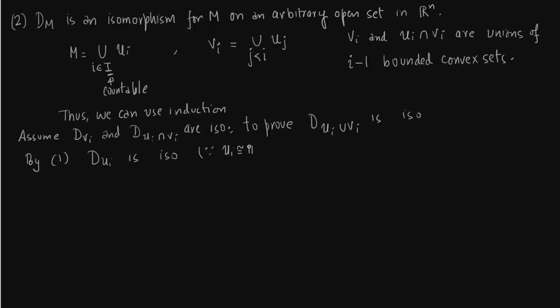By the first part, dUi is an isomorphism because a manifold locally looks like Rn. So by part A, we have dUi union Vi is an isomorphism.